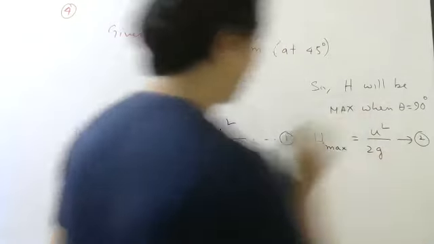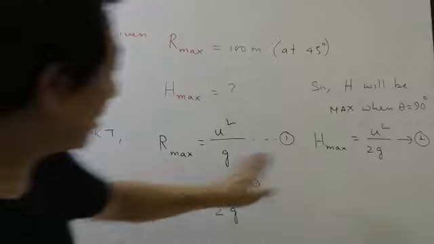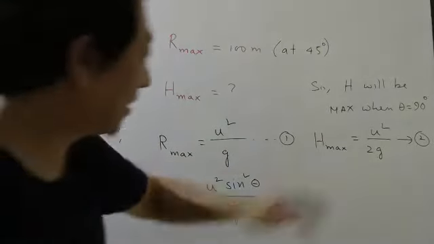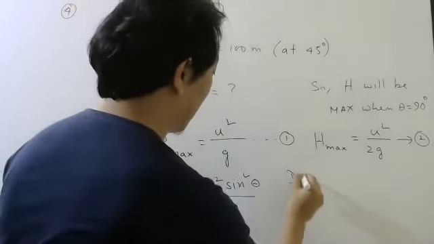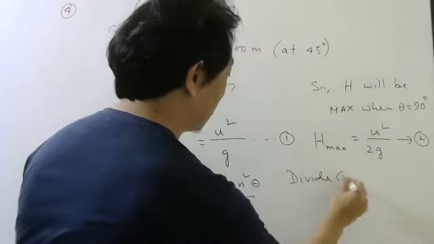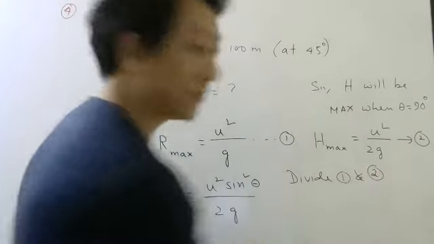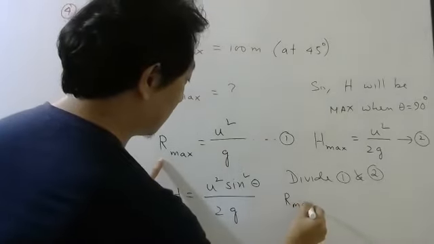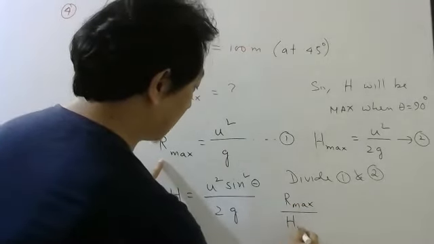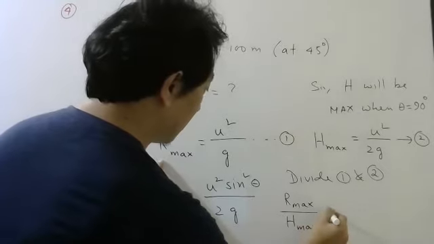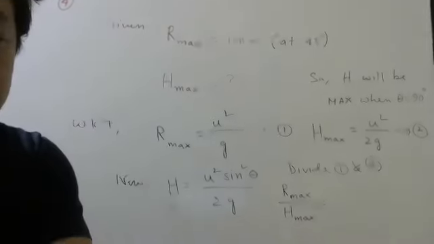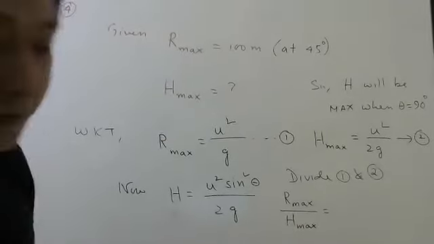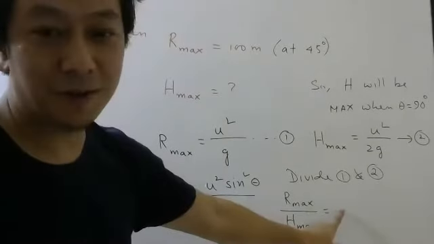Equation number 2. Now from 1 and 2, what can I do? Divide 1 and 2. What will you get? R maximum divided by height maximum is equal to 1 by 2 or 2?